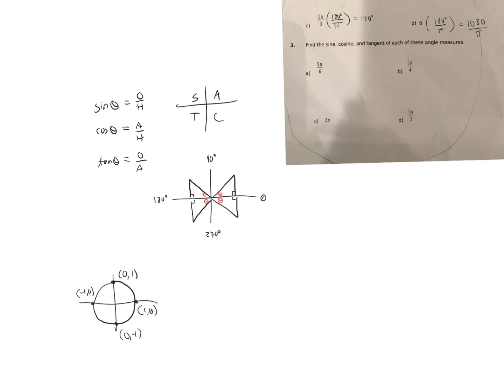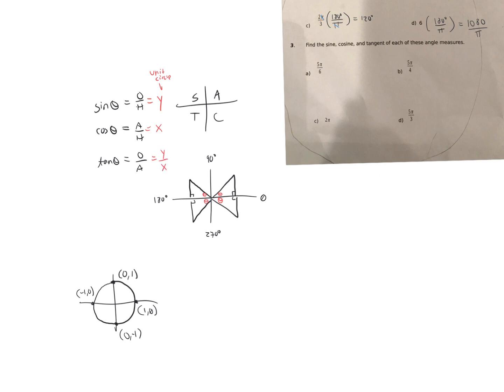And I'm also going to say that when it comes to the unit circle, sine is equal to literally just y, the y coordinate. Cosine is literally equal to just x, and tan is equal to y over x.